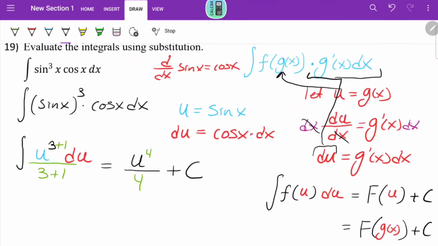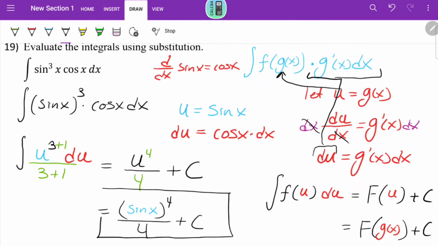The original variable is in terms of x. Our answer right now is in terms of u. But remember, u is equal to sine of x. So don't forget to replace the u back inside. So that's going to equal sine of x to the 4th power divided by 4 plus c.